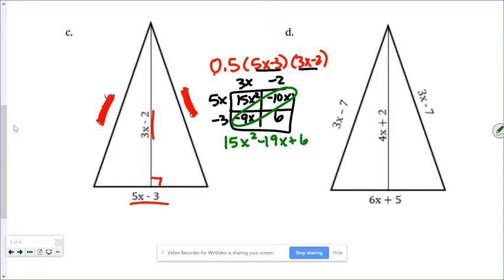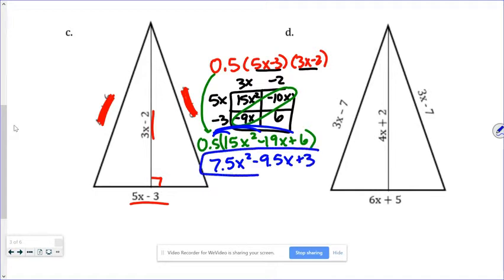All right, now don't forget, this 0.5 gets that fast pass to this last step here. Now I have to multiply everything by the 0.5. All right, so 15 times 0.5 or divided by 2 is 7.5x squared. 19 divided by 2, I think it's 9.5x. 6 times 0.5 is 3. All right, so that's my area for this triangle.